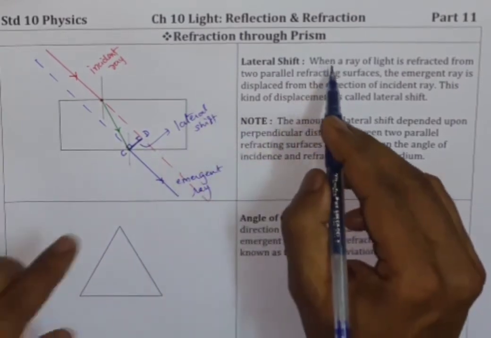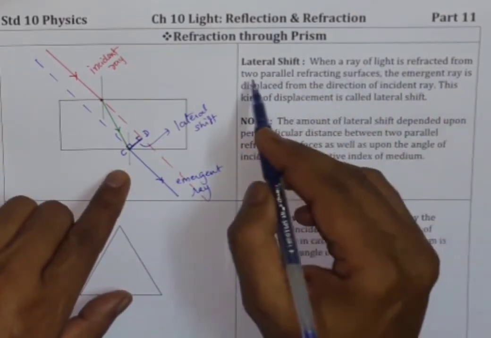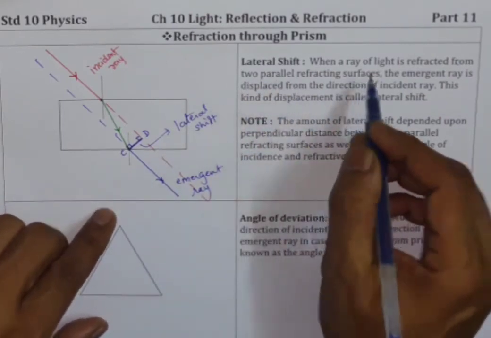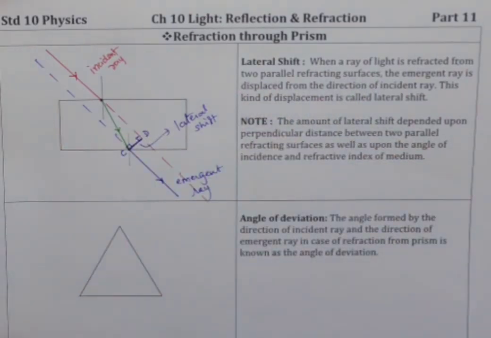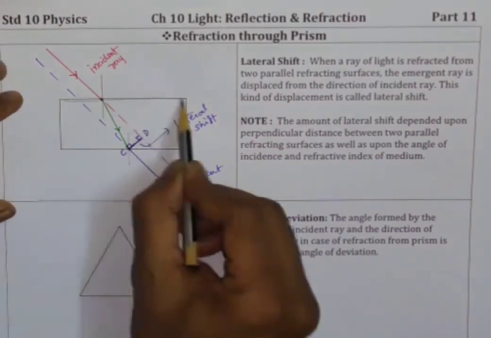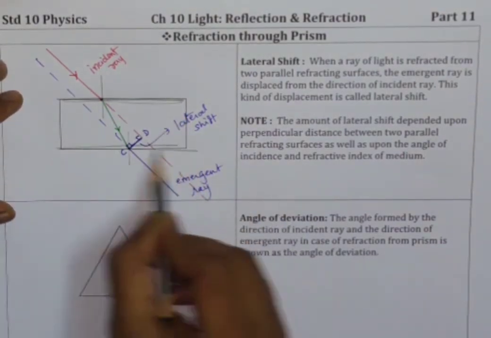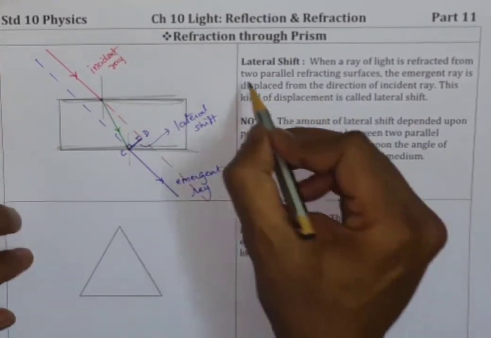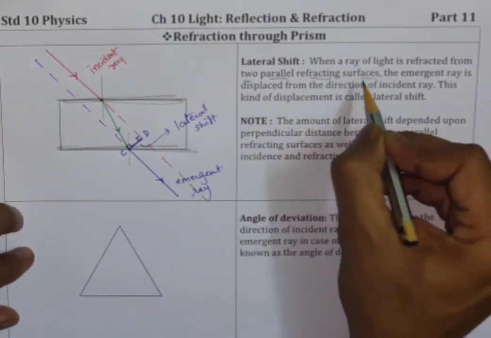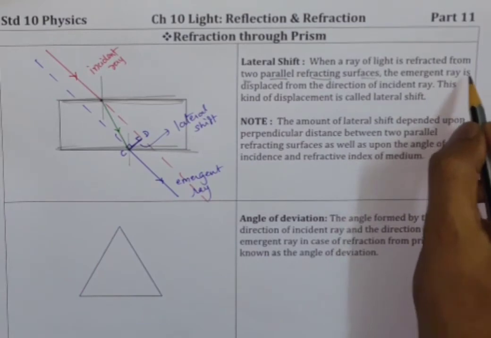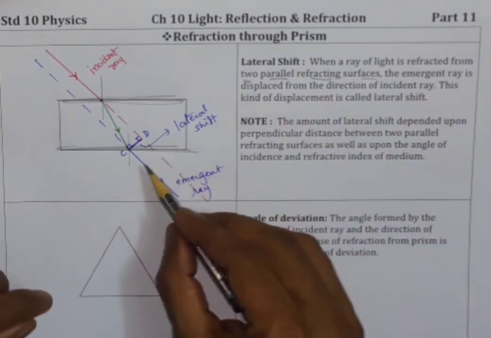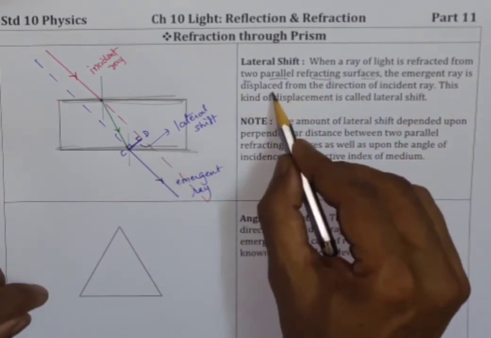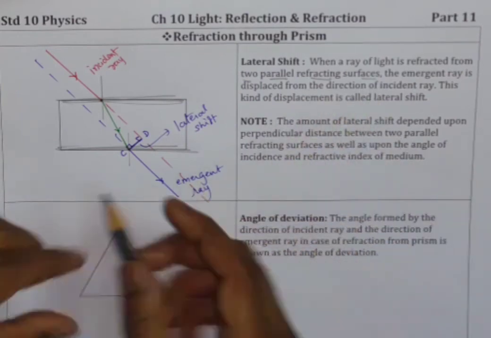So when a ray of light is refracted through two parallel refracting surfaces, this and this, the emergent ray is displaced from the direction of the incident ray.